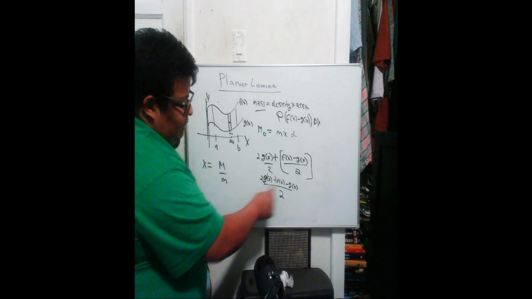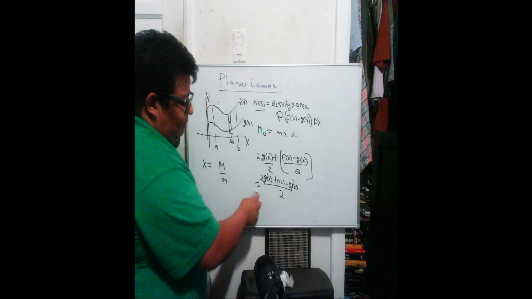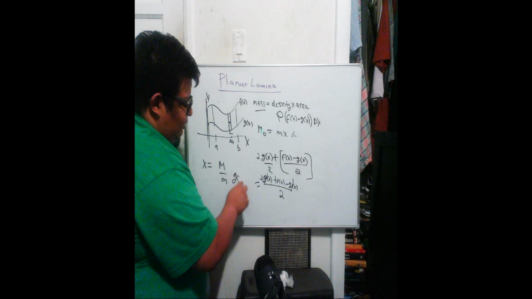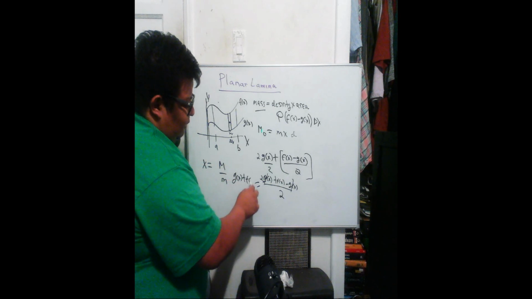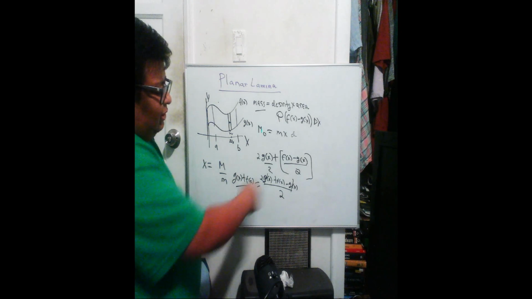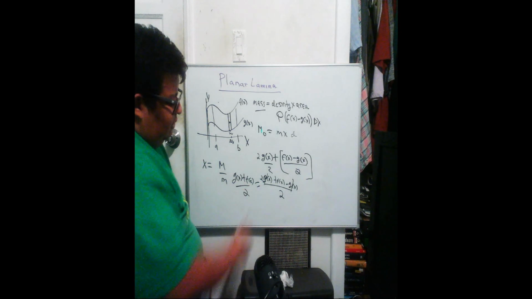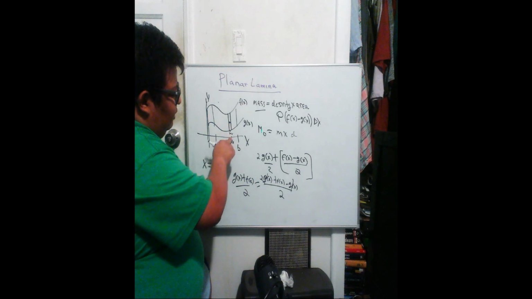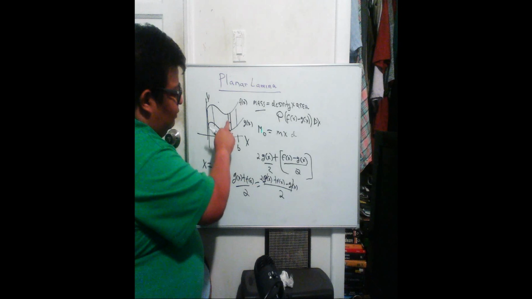Now by canceling this and this, I get the formula that I gave you: g of x plus f of x divided by 2. So I didn't show you this before, but this is the way we derive this distance from here to here, to the center of the rectangle.